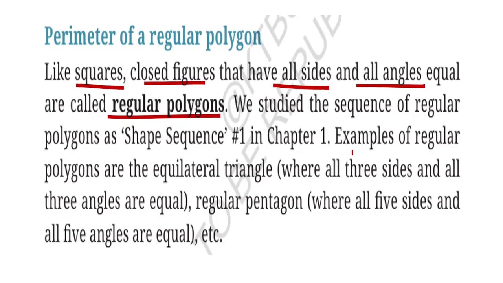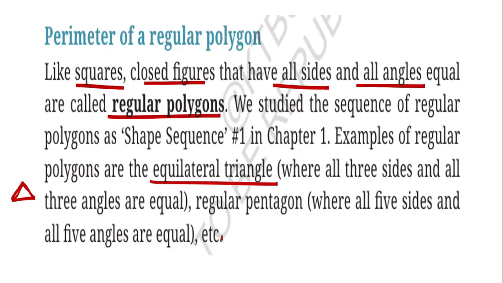Examples of regular polygons are the equilateral triangle, where all three sides and all three angles are equal. That means in an equilateral triangle, all three sides are equal and the angles are 60, 60, 60 degrees. A regular pentagon has all five sides and all five angles equal.